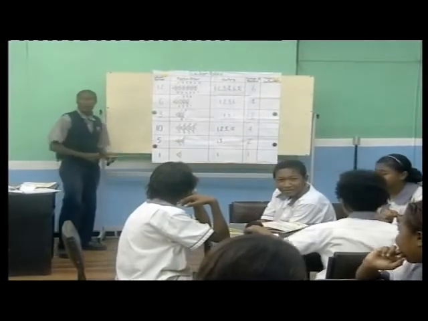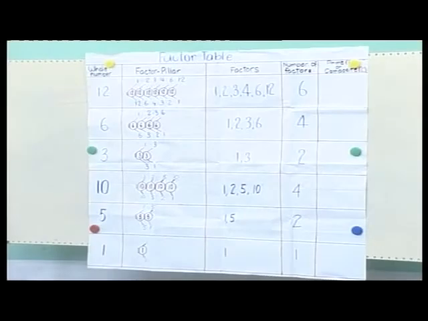Okay, our friend says 5 and 3. I'm saying how many whole numbers? These are all the whole numbers here. How many whole numbers have 2 factors only?